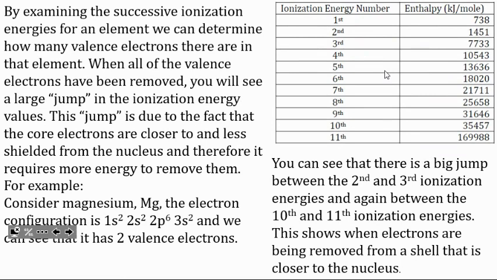There's a couple places. Between here and here, and between 2nd and 3rd. So between 2nd and 3rd, when we lose 2 electrons, we're at a noble gas configuration.